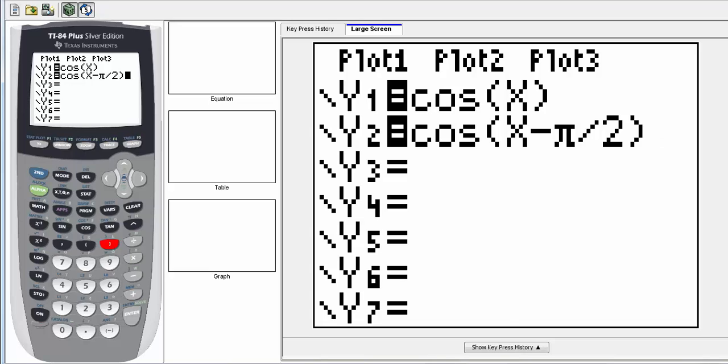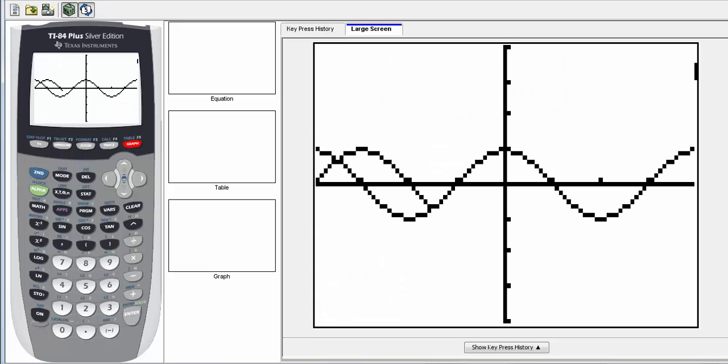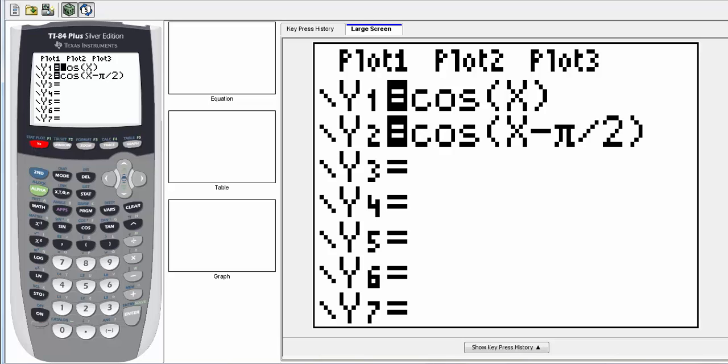Okay, if I hit graph, notice we get this graph here. Now it's going right here at the origin and going up, and now this is the sine function. If I go back and clear out the cosine and type in sine of x instead, I'm going to move the cursor to the very front, in front of the y1.